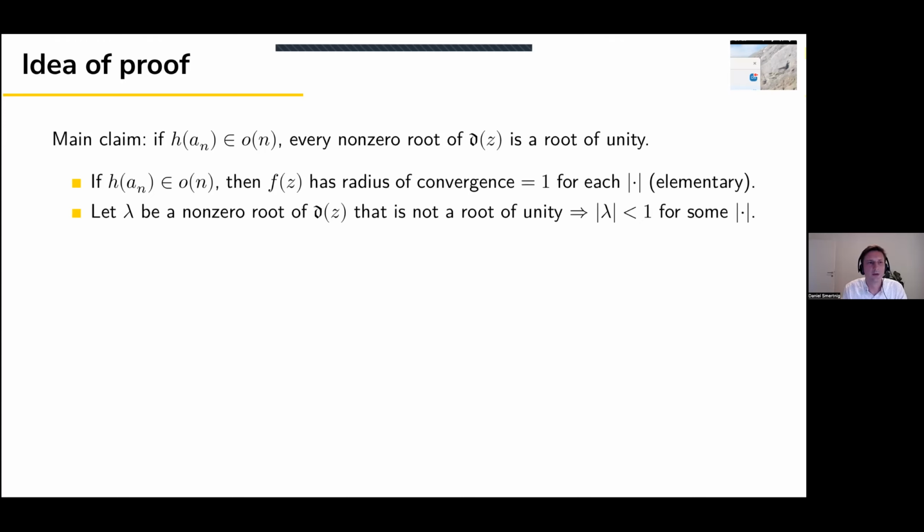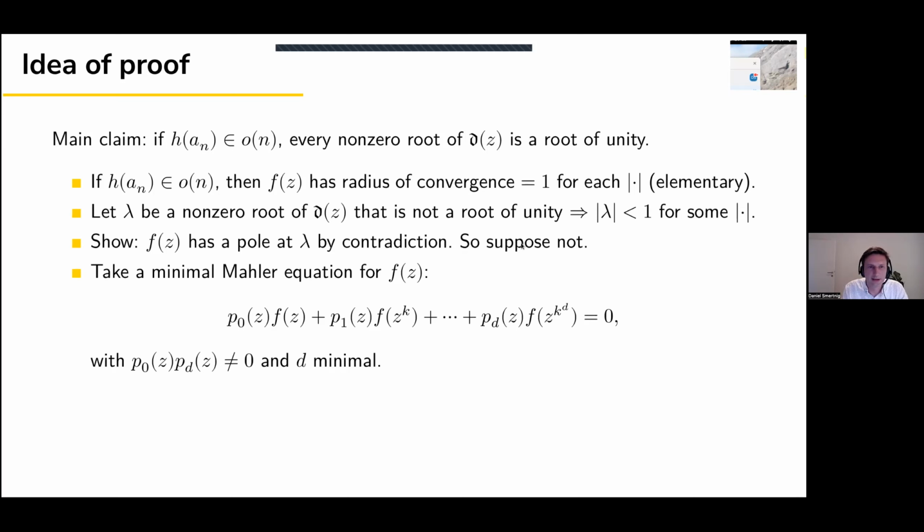And now assume that we have a root of the K-Mahler denominator, lambda, that is not a root of unity. If it's not a root of unity, it means there exists some absolute value so that the absolute value of lambda is strictly less than 1. So it's strictly in the unit circle. And we want to show that f then must have a pole at lambda, but this would contradict this radius of convergence. So we suppose that f does not have a pole at lambda. And we take a minimal Mahler equation for f. So we take the d minimal.